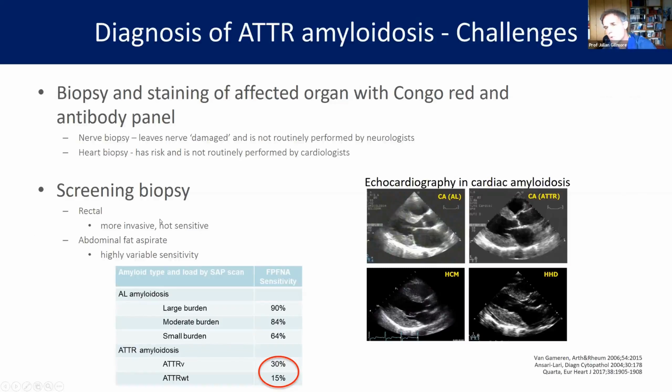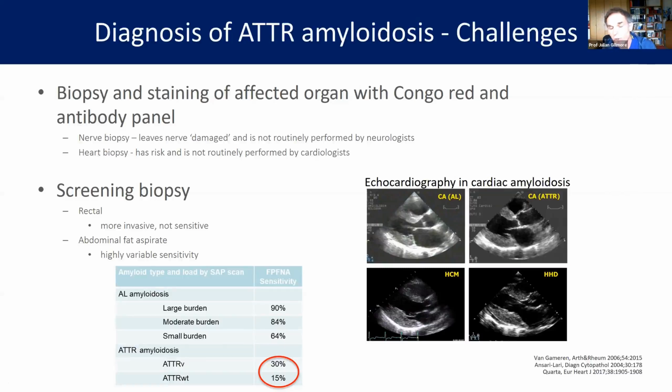An alternative was what we call a screening biopsy. So to do a biopsy from another part of the body to see whether you can pick up amyloid deposits there. Typically, in the past, one did rectal biopsies as a form of screening. Some of you will be familiar with the more recent screening biopsy, and that's usually an abdominal fat aspirate, where we suck out a little bit of fat from your tummy.